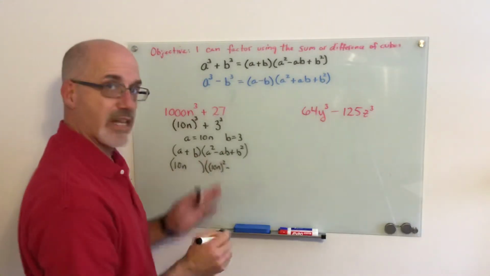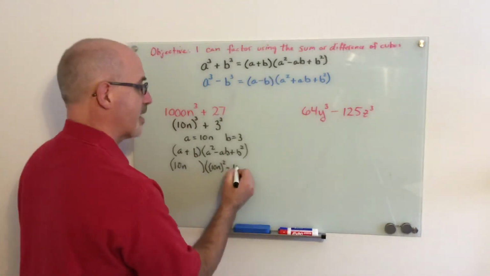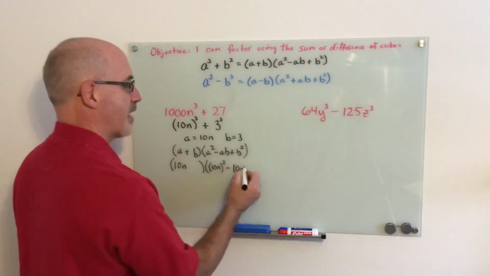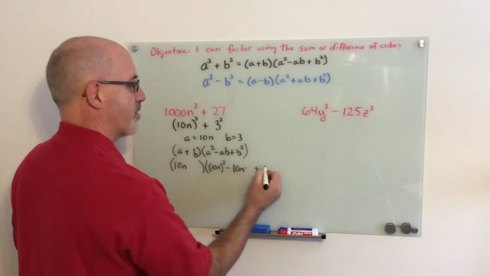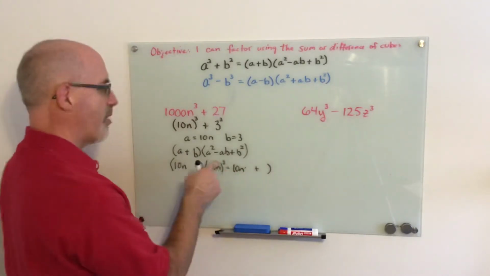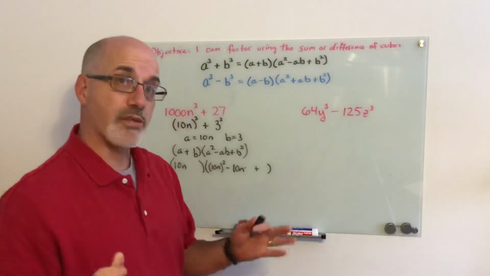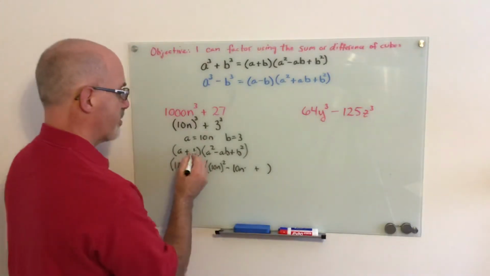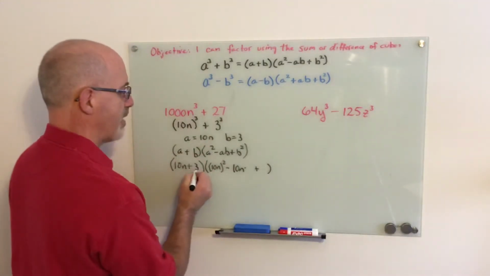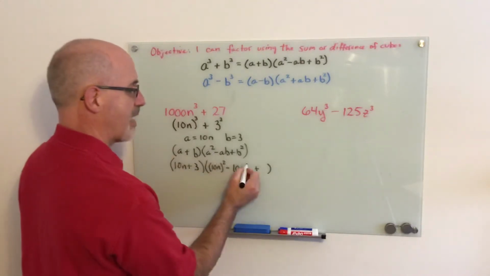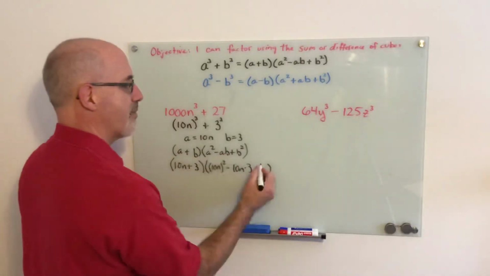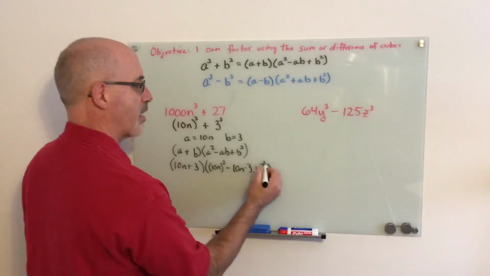And then this is going to have a 10n times whatever comes next. Okay, so I'll leave it like that. Now I'm going to put in a 3 for the b in each of those spots. So this is going to be plus 3. This is going to be 10n times 3, that b, and this is going to be a 3 squared.